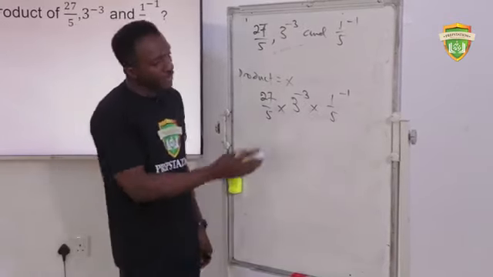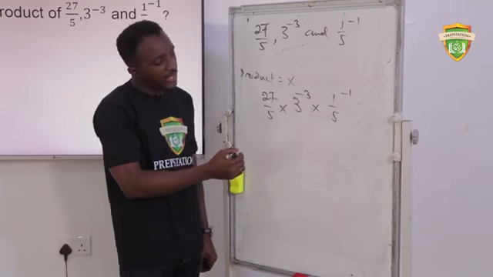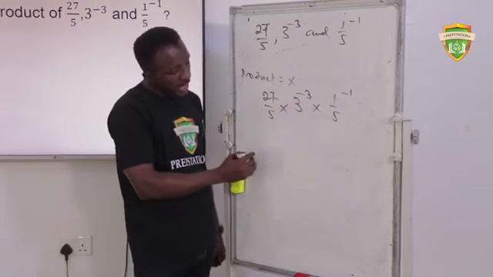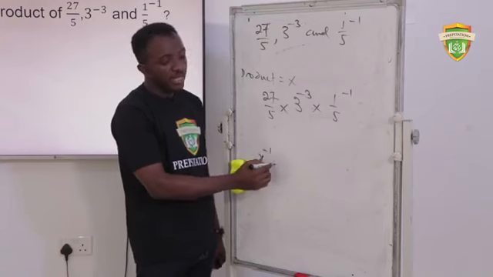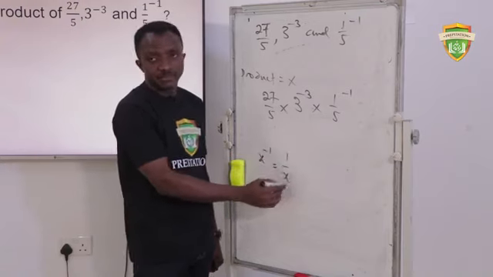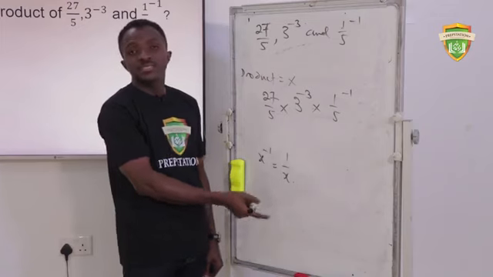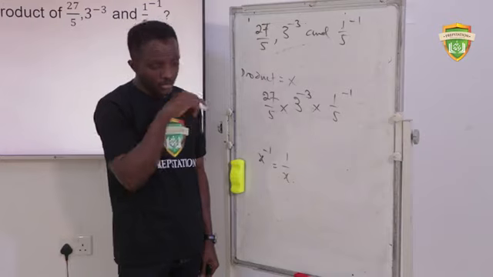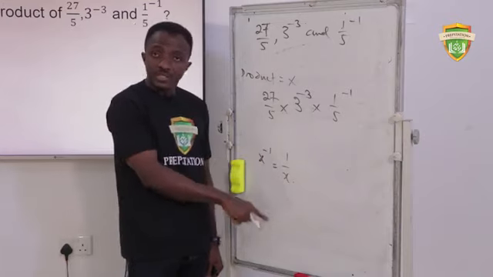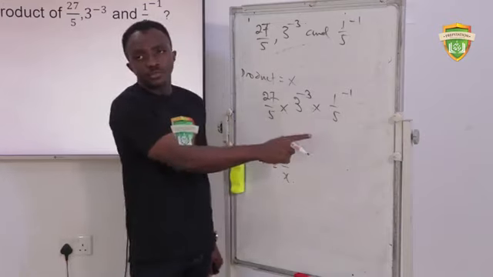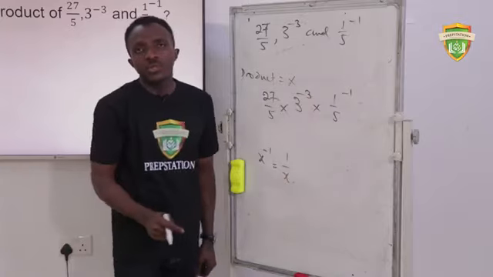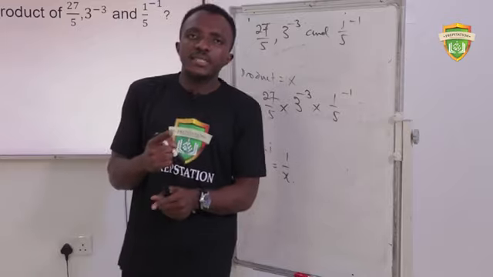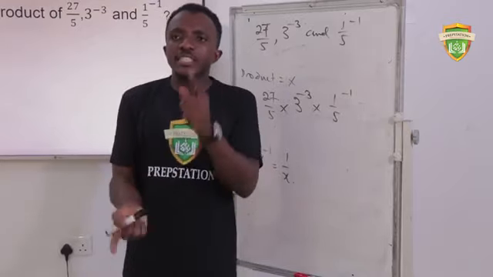Now when you have this, there's a law of indices. This is actually indices. There's a law of indices that says x raised to the power negative 1 is equal to 1 over x. That's more like saying the reciprocal of x. Reciprocal of the number is 1 over the number. Now here we have a fraction and we have minus 1. Please note that the reciprocal of the fraction is obtained by changing the places of the numerator and the denominator.